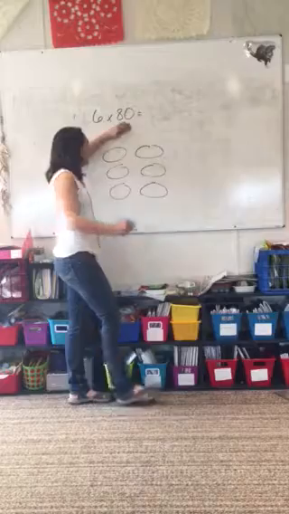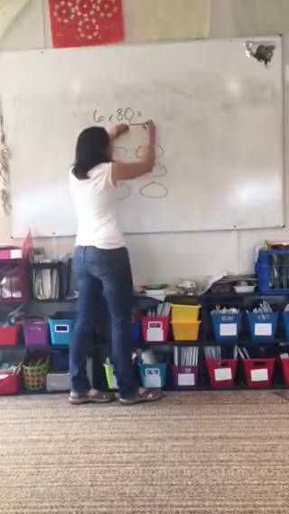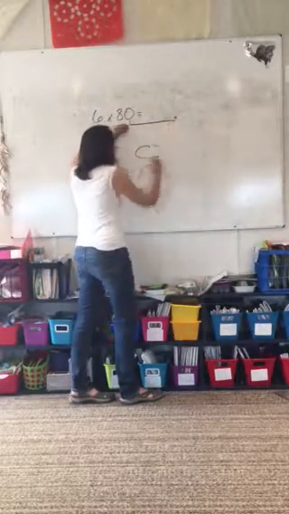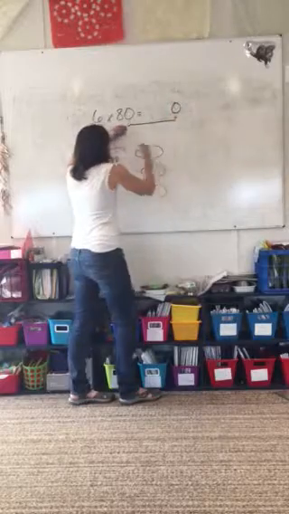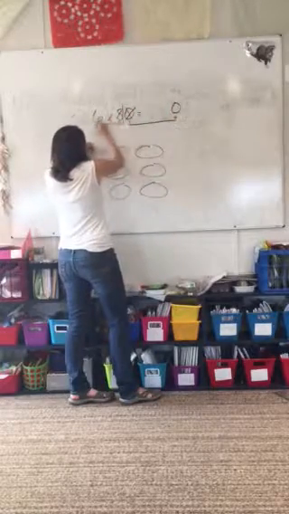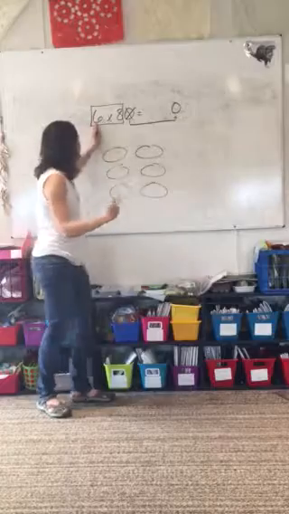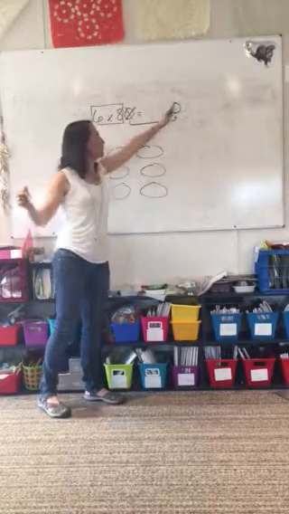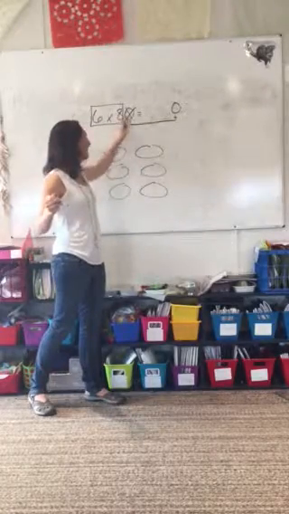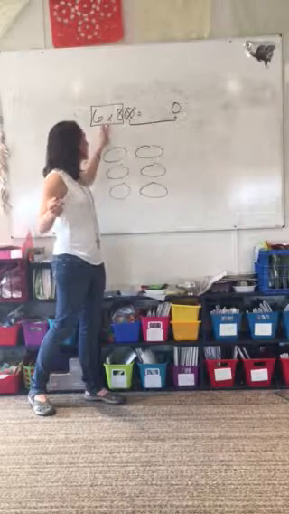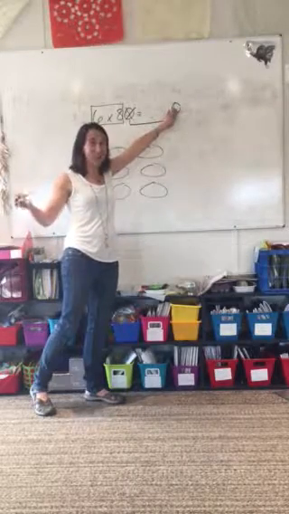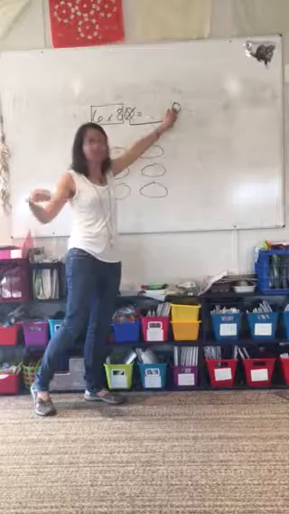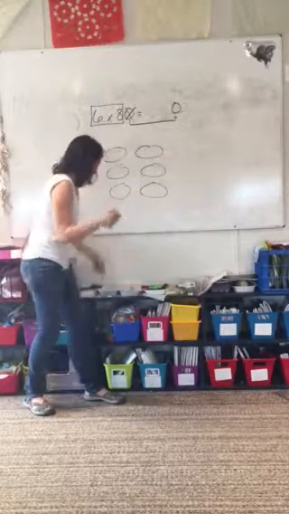We can also think of it as, okay, if we know it's 8 tens, then we can move this 0 here, and then just think of it as 6 times 8, but we're going to make sure we include that 0 over here, because we're not just doing 6 times 8, we're doing 6 times 8 tens.